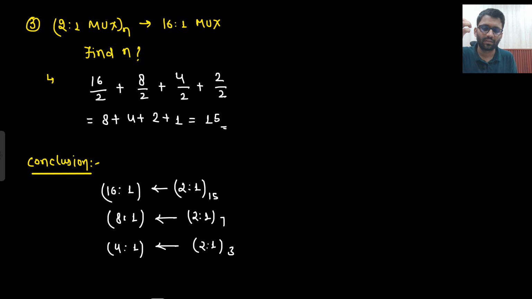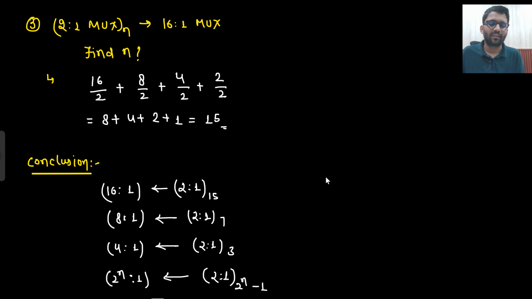So for 2 to the power n is to 1, how many 2:1 will be required? 2 to the power n minus 1. You can see it, 15, 7, 3, 2 to the power n minus 1. Let's take an example. You need to make 256 cross 1 from 2 cross 1.